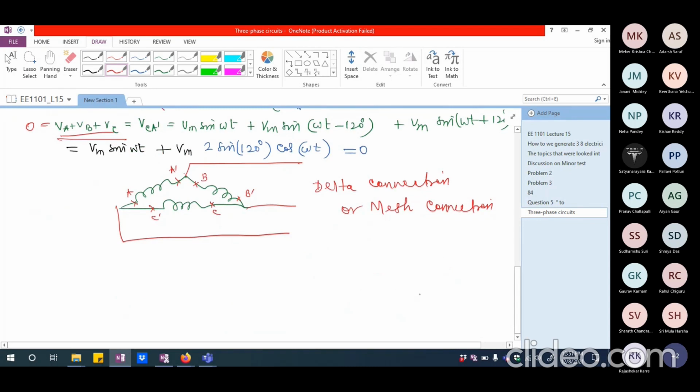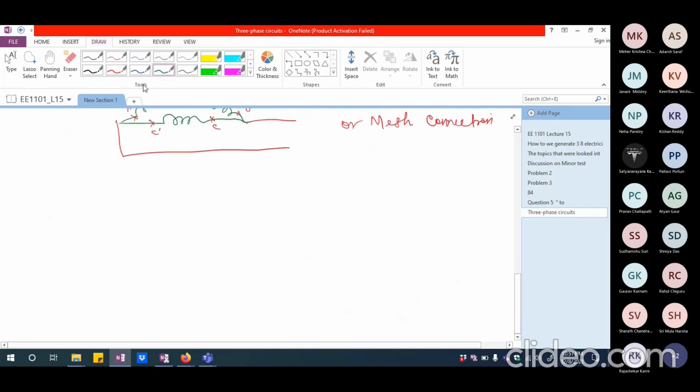There is one more type of connection which we can have, in which case again let me show the 3-phase windings here. So these are the 3-phase windings, and let's say I am going to connect all the beginning points together, that is A, B and C. All 3 of them I'm going to connect together.